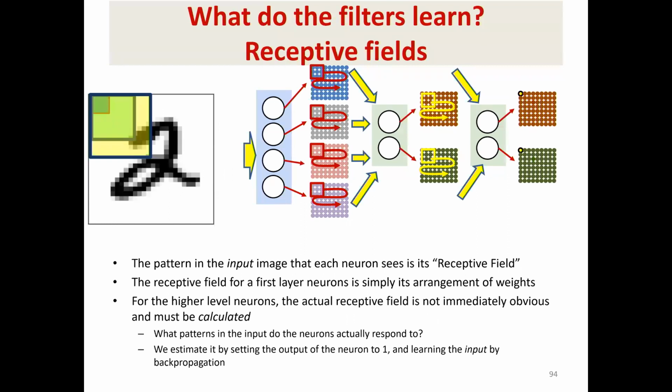But what do the filters themselves learn? Remember, we are scanning for patterns hierarchically, right? Each filter learns to detect a specific pattern. In the first hidden layer, it's very easy to know what the patterns are because you just look at the pattern of weights for the filter.